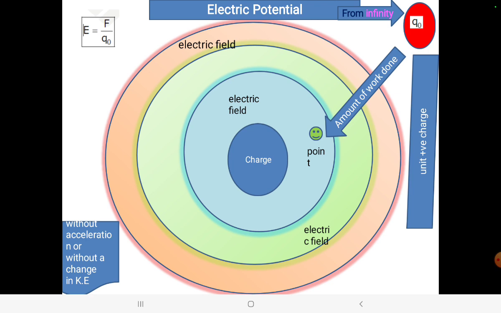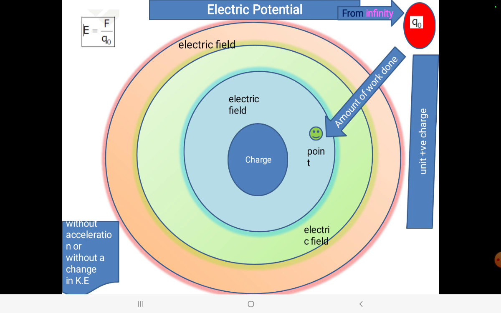So consider there is one point charge, q naught. I use some energy to do the work to bring that positive charge q naught near this blue colored charge, into the field of that particular charge. For example, this is a small capital Q, and I want to bring the point charge q naught into the field of the bigger Q. So I need to do some work.